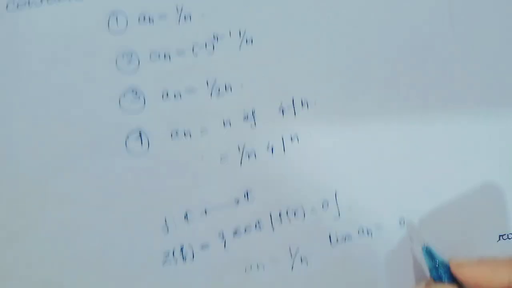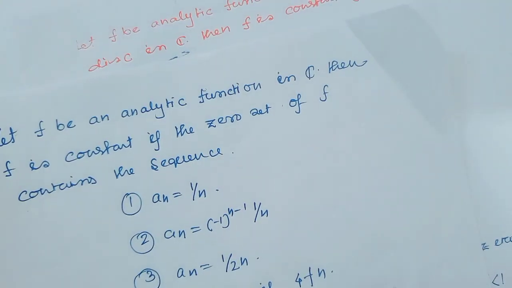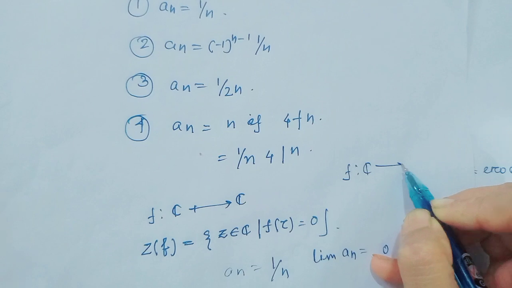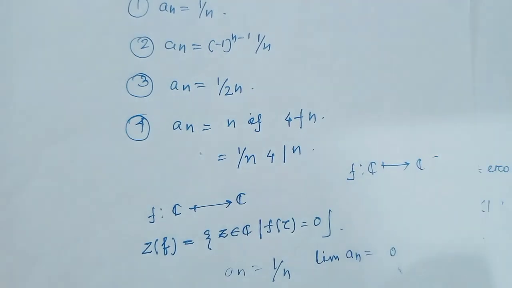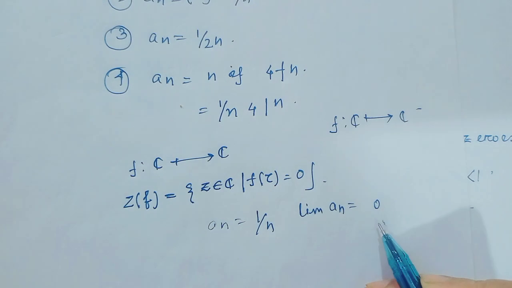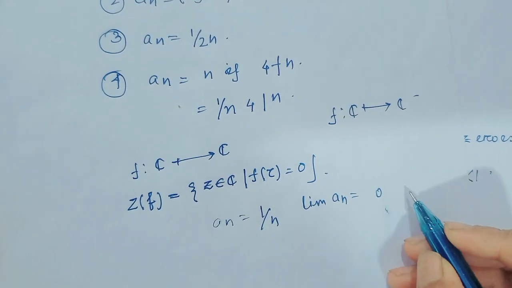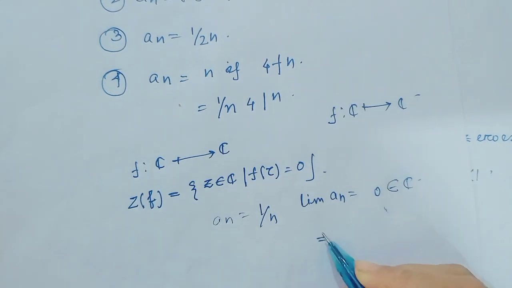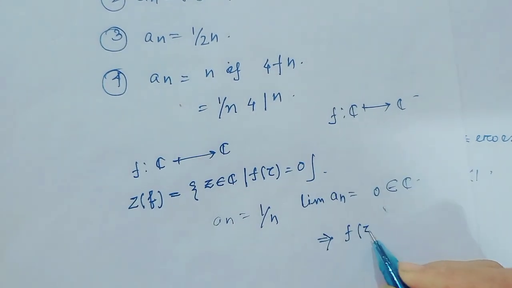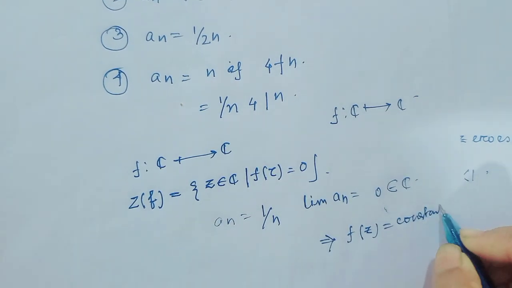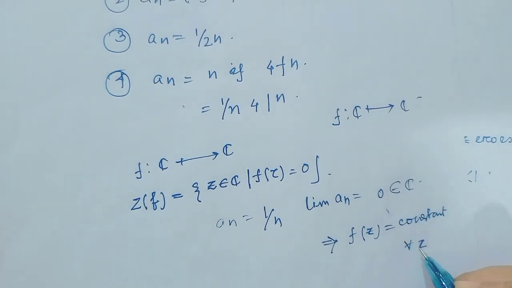Since f is an analytic function on C, that means f is a function from C to C, and here the limit of a n equal to 0, which is a member of C, so that implies f of z equal to constant, and this is true for all z belonging to C.